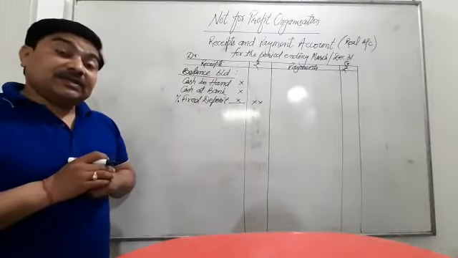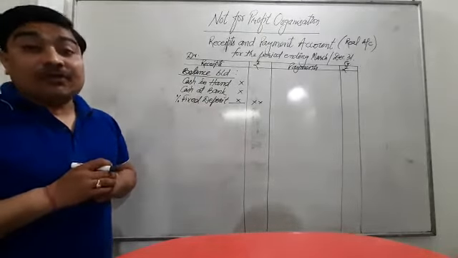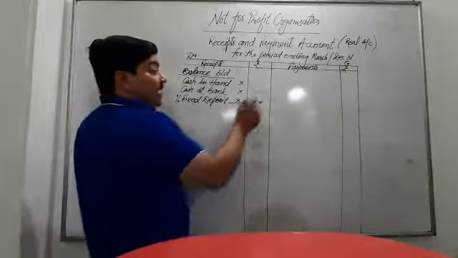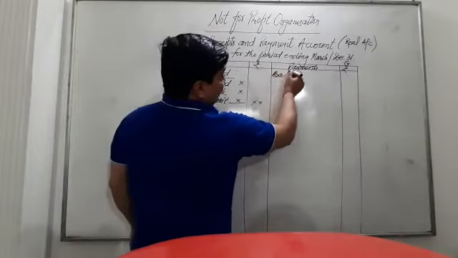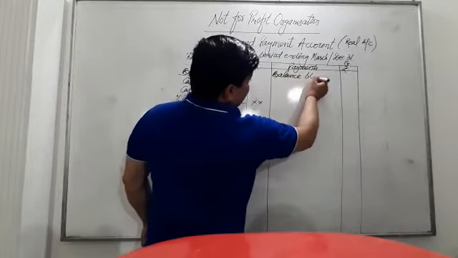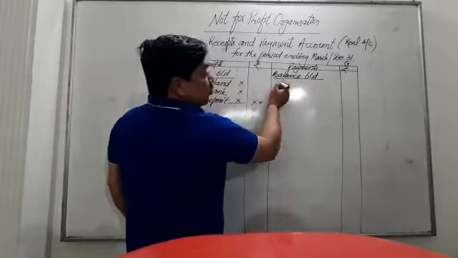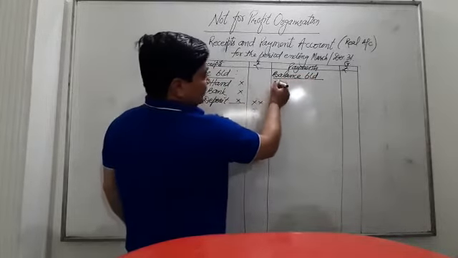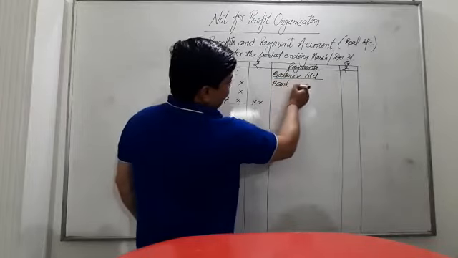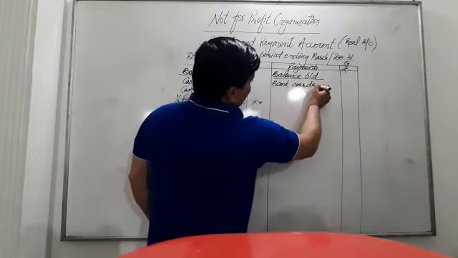And if the club has a bank overdraft, then the bank overdraft will appear on the credit side as balance brought down. Remember the opening balance of bank overdraft.